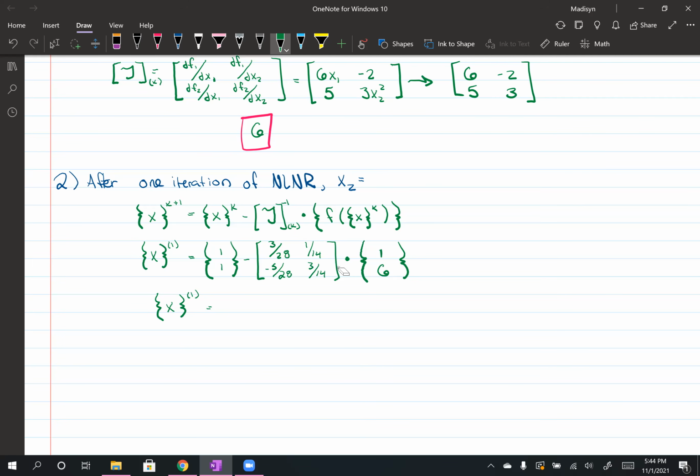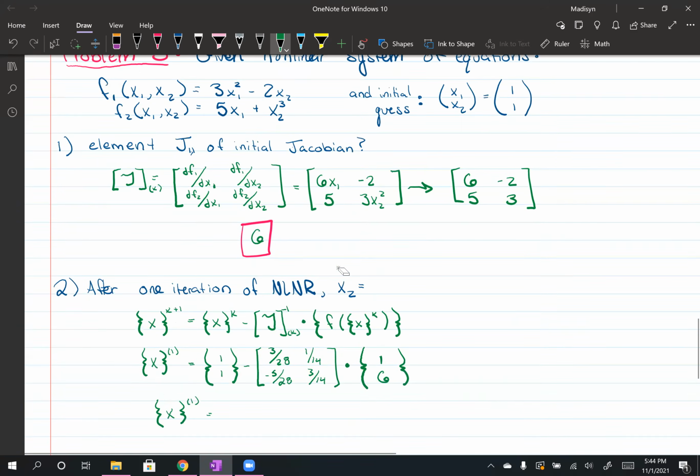Actually, I guess technically I could use Octave to verify my results. Let's check it out. Project 5. Oh, how cool, I can re-input my equations.